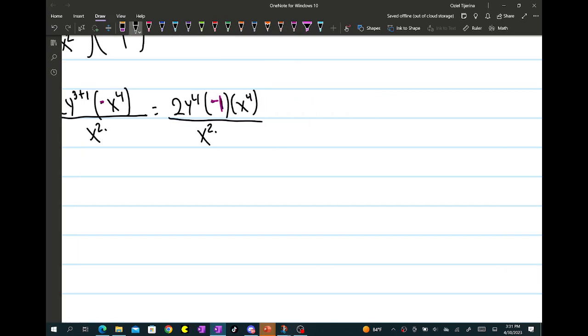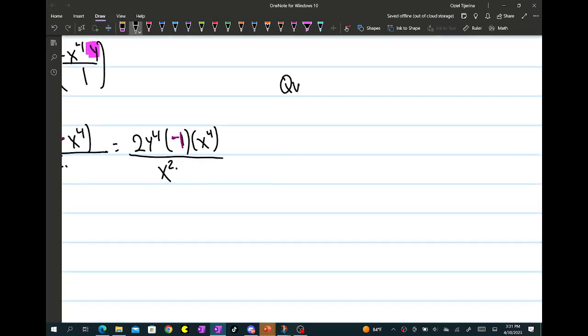I know that from the quotient property, if I have a to the m over a to the n, this is equal to a to the m minus n. So you're just subtracting them, right?